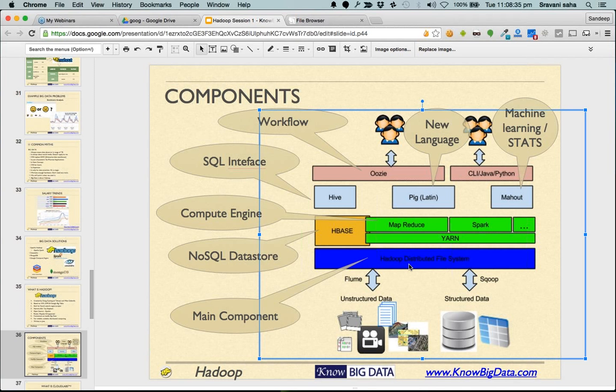Therefore, it has the great strength of managing and recovering from failures. Those are a few properties of HDFS. We will dive into detail in the second session. There are many details about HDFS which you can understand and utilize in your strategy and in the solution.